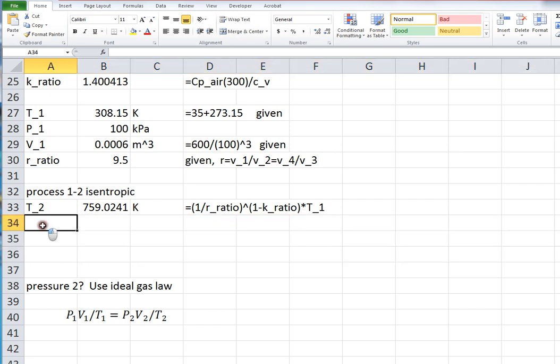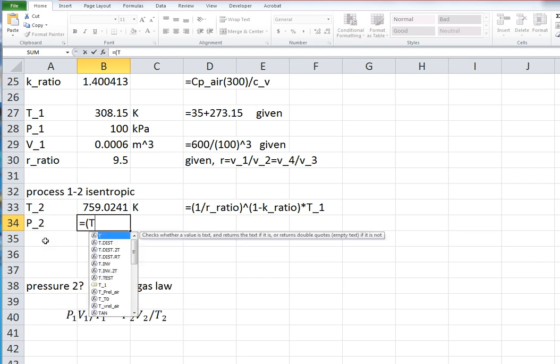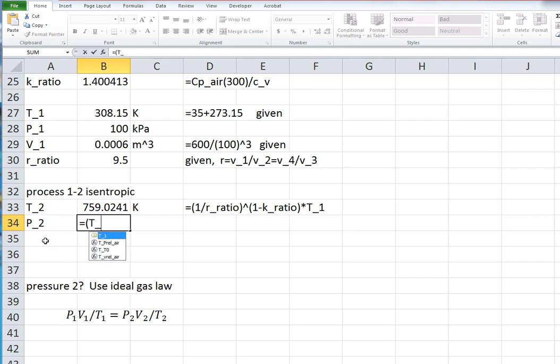So I apologize. To find that pressure 2, we can find P2 from the temperature ratio. In other words, for an isentropic process, T2 over T1 raised to the K over K minus 1 is equal to the pressure ratio.